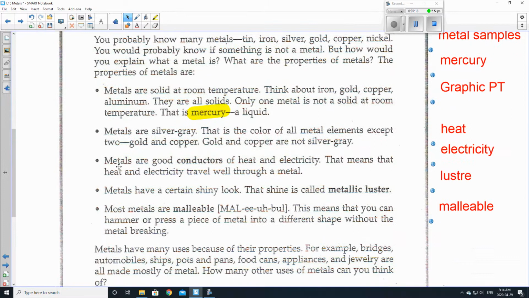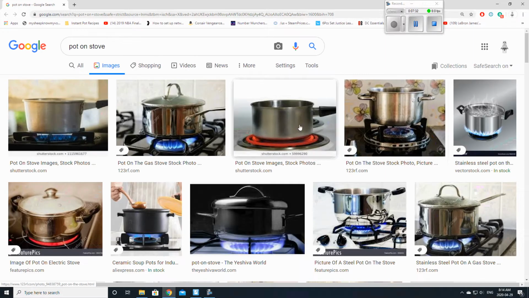Next up, metals are good conductors of heat and electricity. This means that heat and electricity travel well through the metals. I'm just going to show you a picture of heat conductivity. For example, we put this metal pan on the stove on purpose.